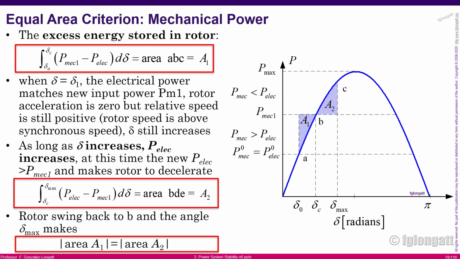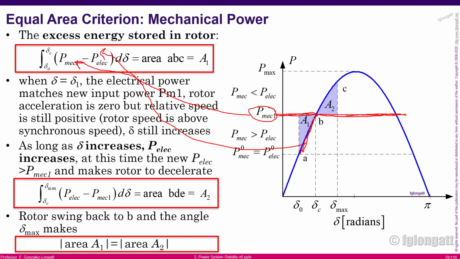Inside we have the top that is defined in this area, and then the lower area, okay? What I'm trying to say is that the area A1 is basically, using calculus, mechanical power 1 minus the one that is describing below, that is the electrical power, okay?